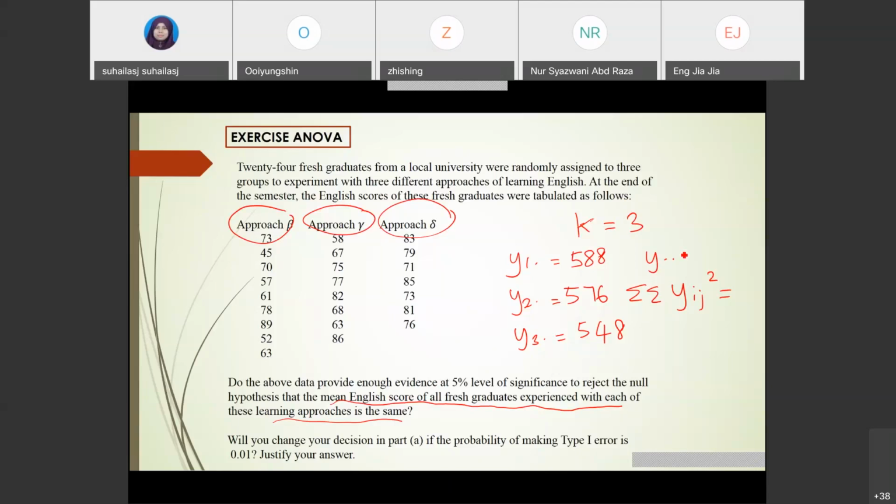Y dot dot, your grand total, should be 1712. For double summation Yij square, square each value and total them all up. What is the value?